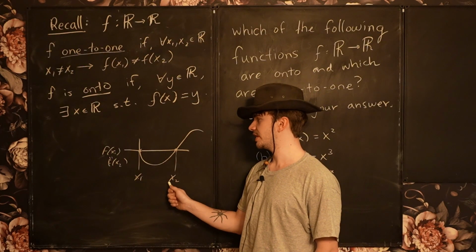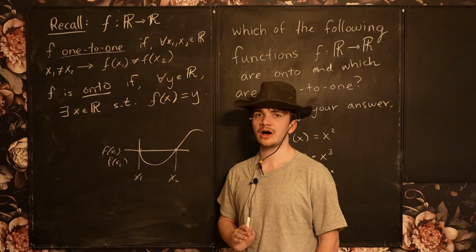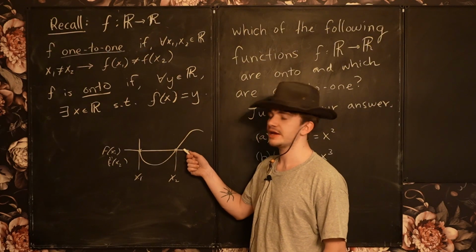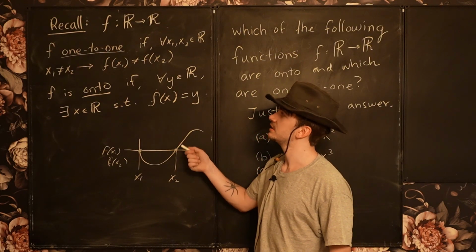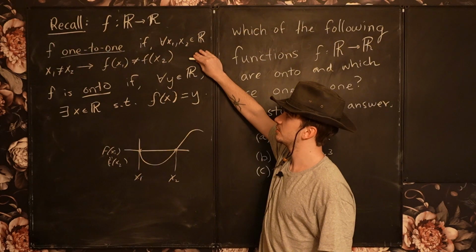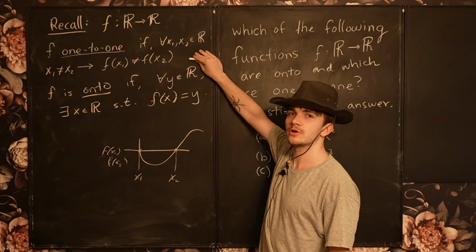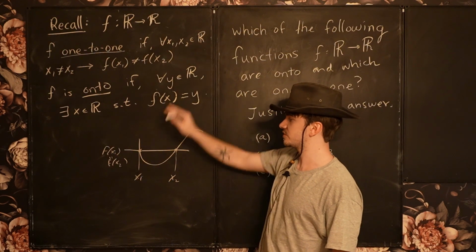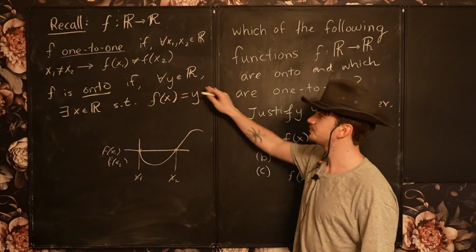These two inputs get mapped to the same output, so this fails the horizontal line test, and therefore the function is not 1 to 1. This is the more logical statement without just using graphic visualization.